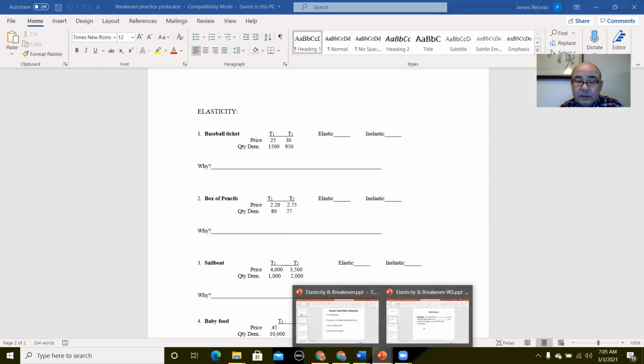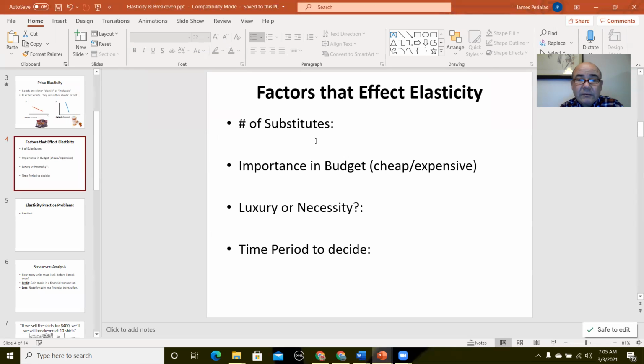But if we look at our different examples, are there very many substitutes for pencils? Yeah, there's a few, pens and so forth. But if you need an erasable pencil, yeah, that one's probably not going to be. Importance or budget? Cheap. Yes, that's going to lead to inelastic.